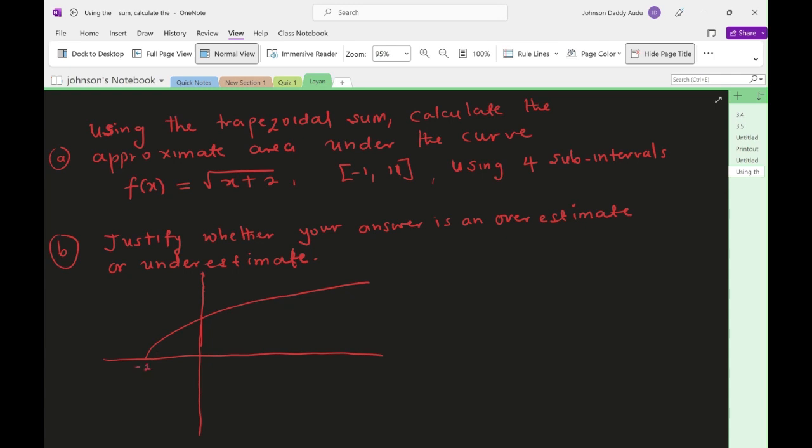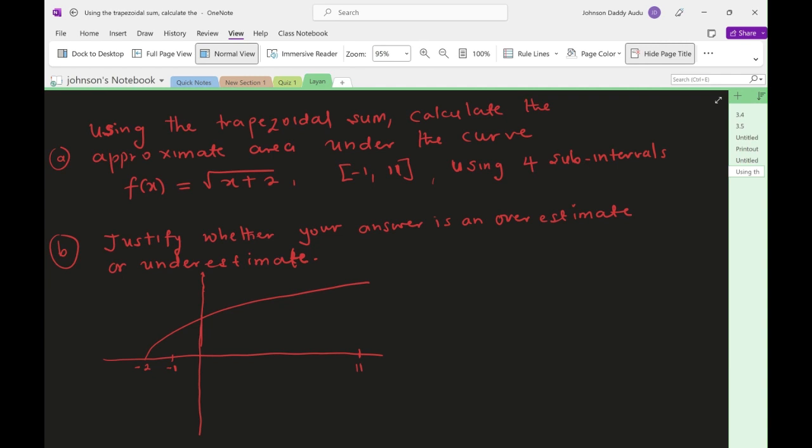And the interval here, this point is going to be minus 2. But we are interested in which interval? Minus 1 to 11. So minus 1 should be somewhere here. And this is 11. Okay. So we want to find the area under the curve of this graph.